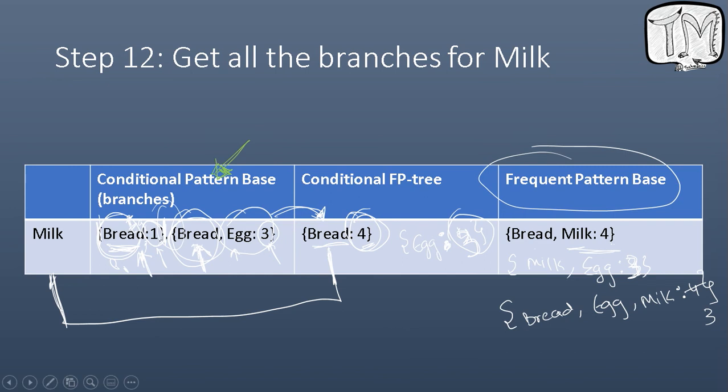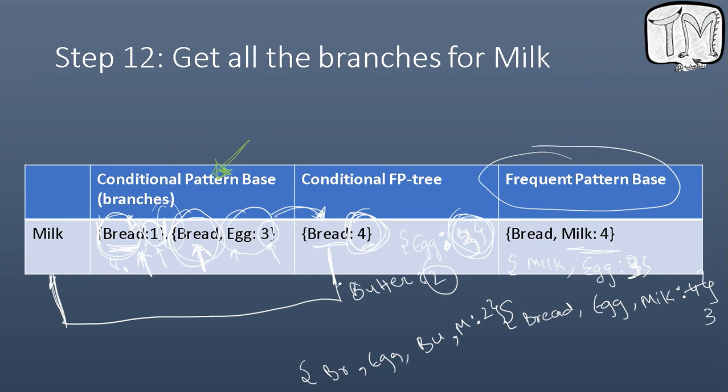So this combination will be the minimum. If we had, let's say, butter as well, okay, and its frequency was 2, then while creating our last item set, which contains bread, egg, butter and milk, the frequency will be the minimum of these 3 values here, which is 2, okay.